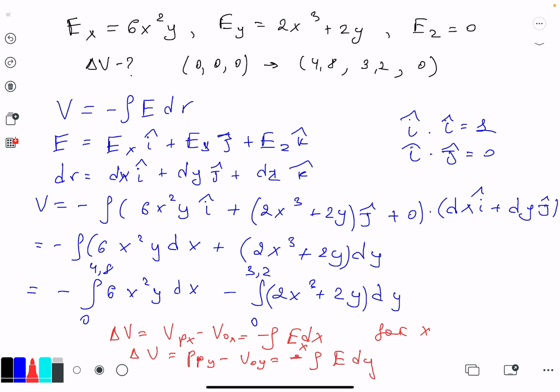And finally, what you have to do is basically V is equal to Vx plus Vy plus Vz. That's it.